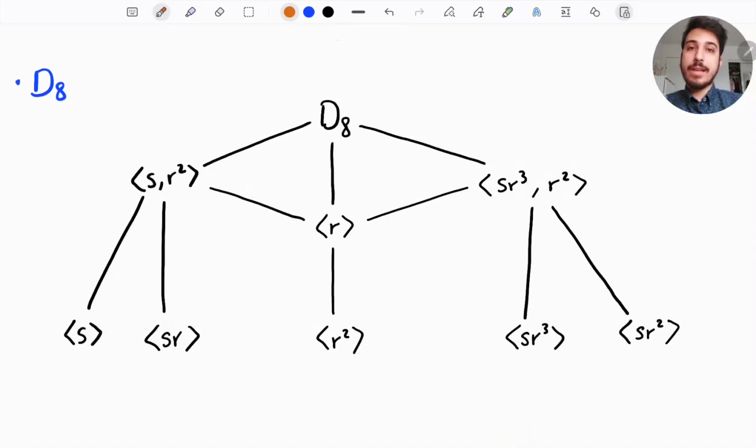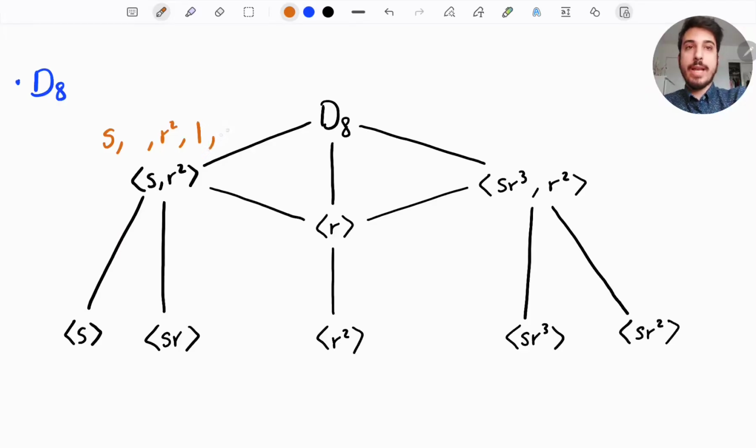Let us now have a look at another example, which is D8, the dihedral group of a square. In D8, we have the lattice as such. We have the subgroup generated by S and R2, which is S squared, R2, R4, but R4 and S squared are just 1.